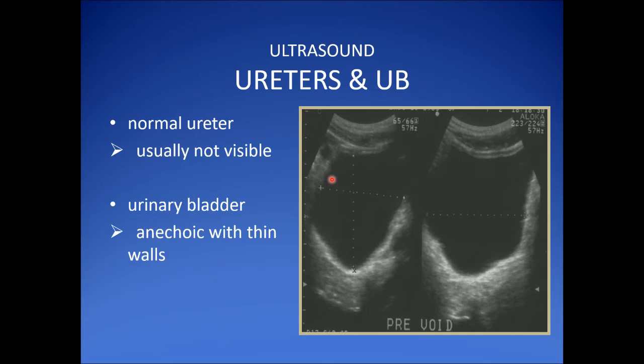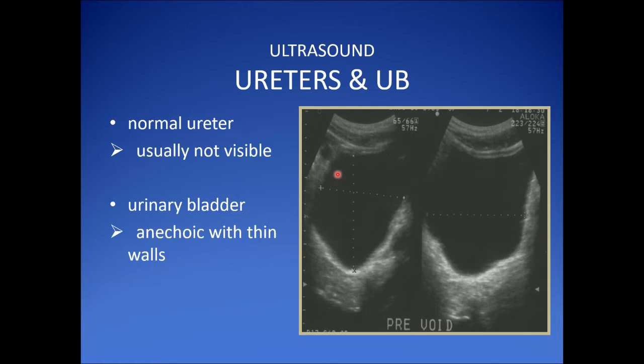So the normal ureters cannot be seen unless dilated. The urinary bladder, if you want to evaluate for the urinary bladder, you let the patient drink a lot of fluid.